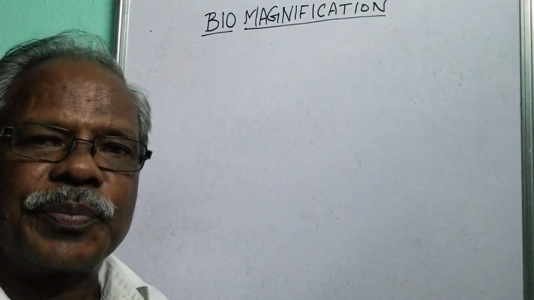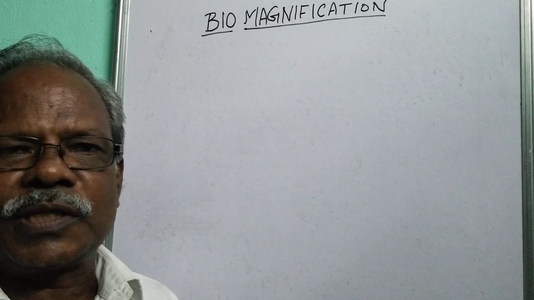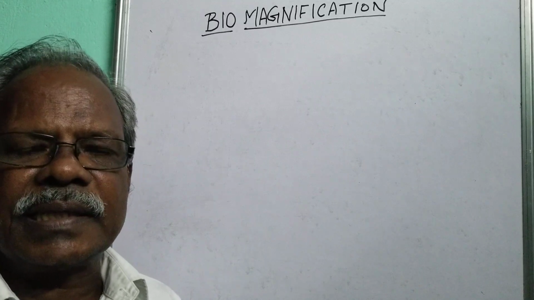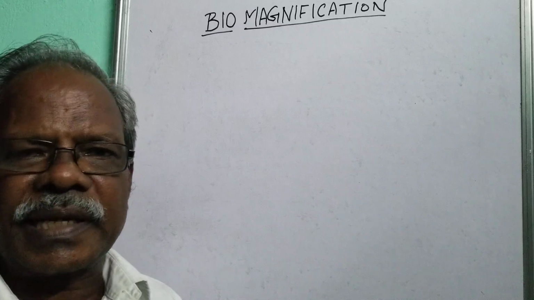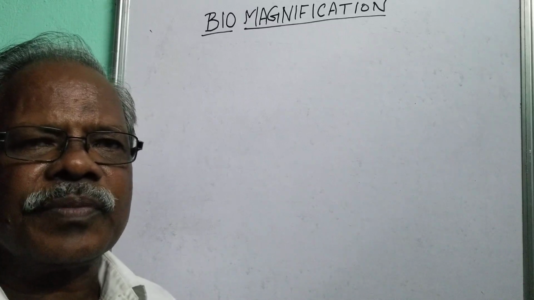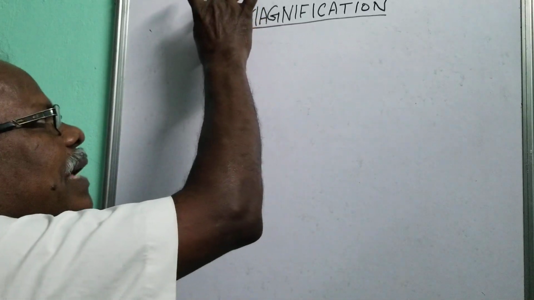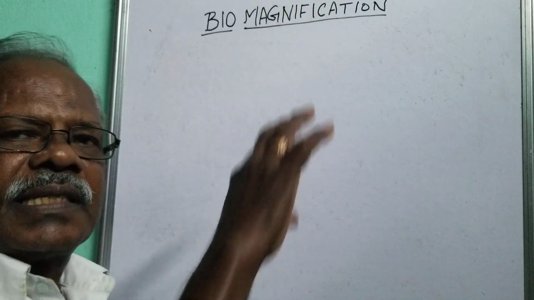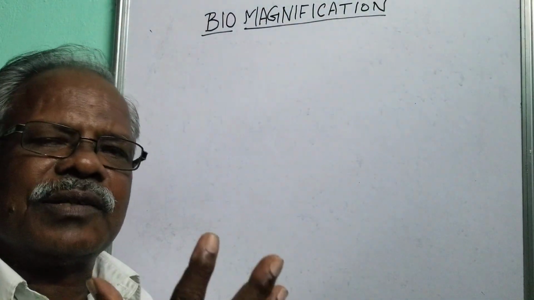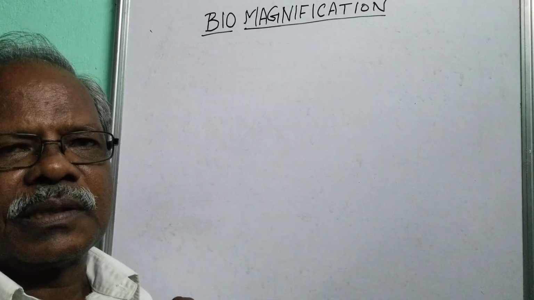Today let us take up biomagnification in the ecosystem. Biomagnification usually occurs in the aquatic food cycle in the ecosystem. So what is the meaning of it? Bio means life, and magnification means magnifying so many times, or getting multiplied by so many times.